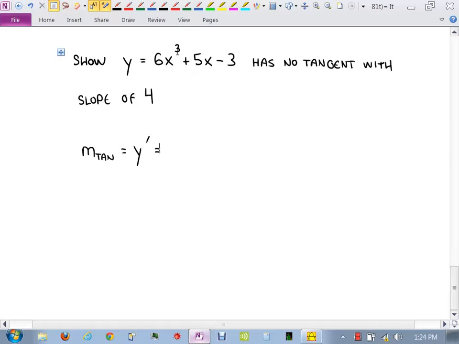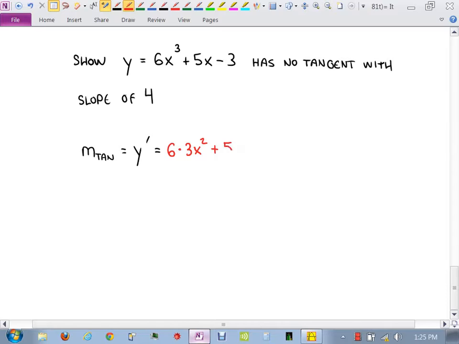I have a 6 in front of a function, so the 6 will come down. And then I have to take the derivative of x cubed. What's the derivative of x cubed? 3x squared, right? Plus, what's the derivative of 5 in front of x?